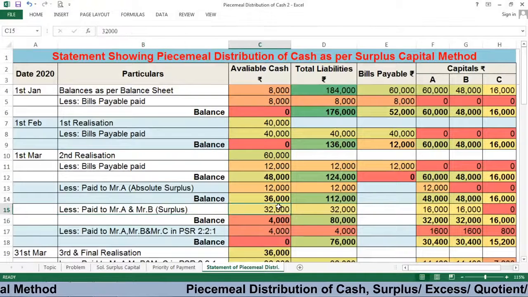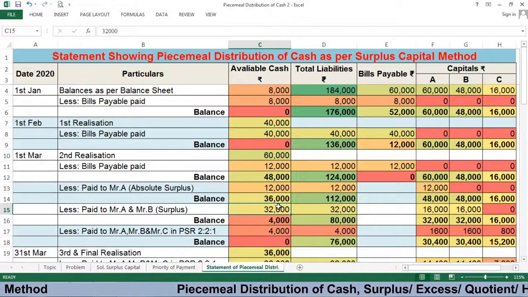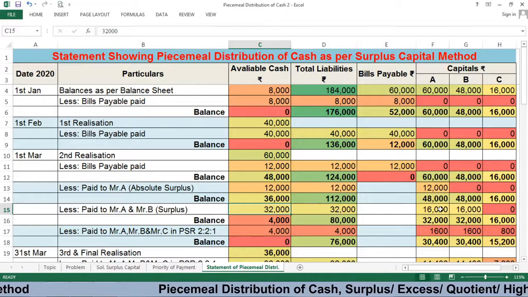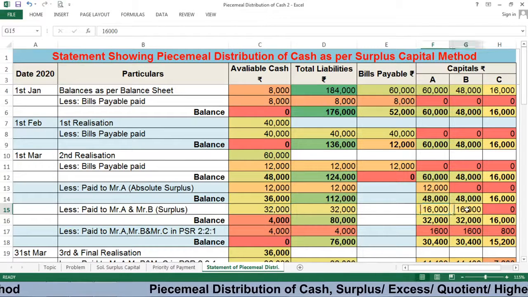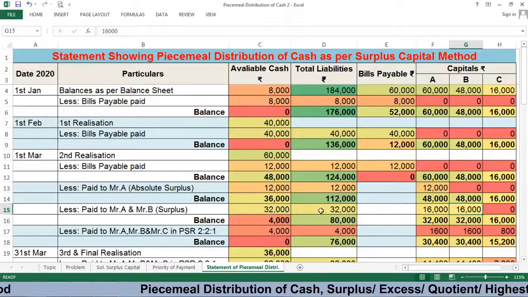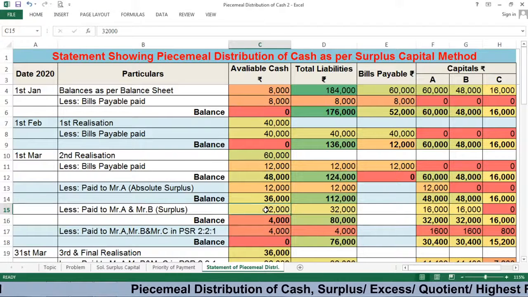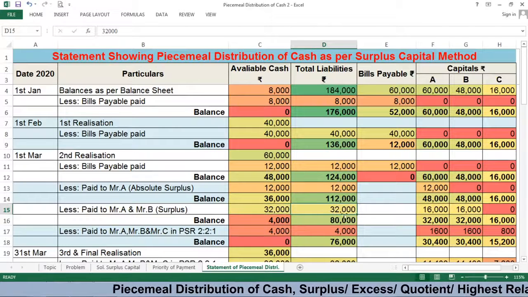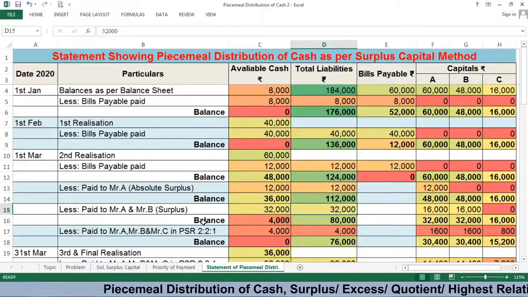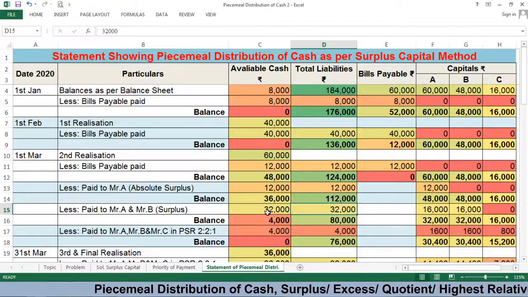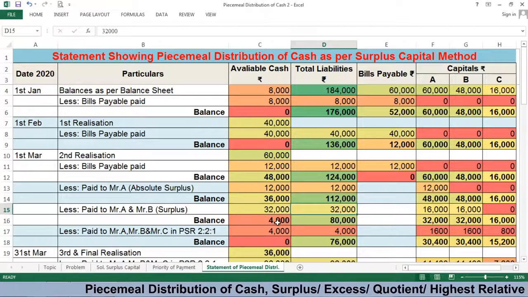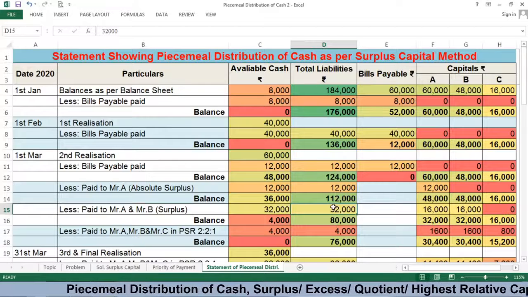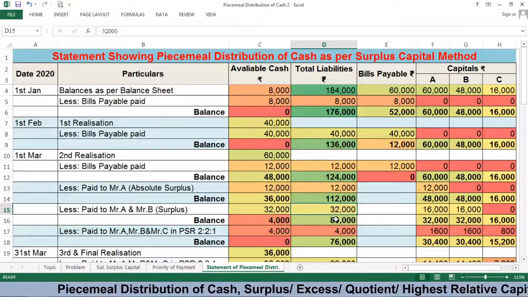So here we are going to pay rupees 32,000 to Mr. A and B, that is 16,000 each. So 16,000 given to Mr. A, 16,000 given to Mr. B. That means our total cash will be reduced by 32,000 and also our liability will be reduced by 32,000. So our balance comes to 36 minus 32, balance cash will be 4,000, and total liability comes to 80,000.